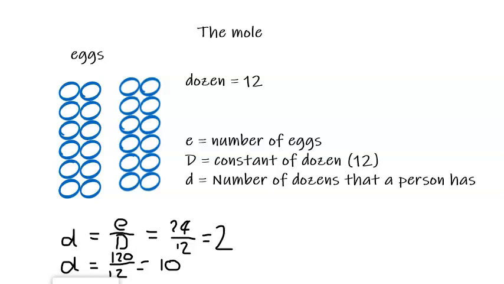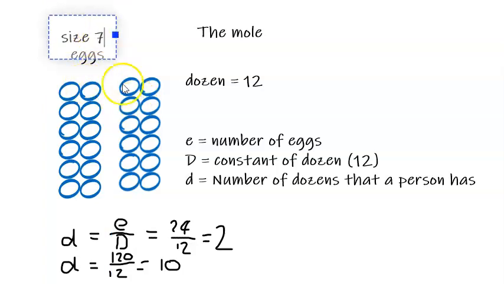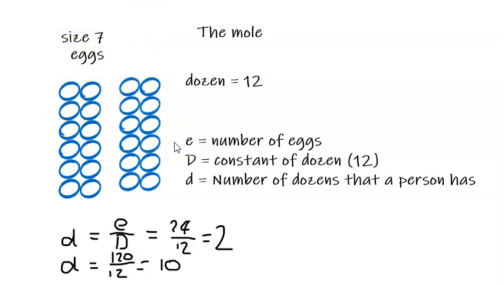Let's say that we've got so many eggs that we don't want to have to count every individual egg. But we know that a person has got size 7 eggs, for example. Because the size of the eggs are all the same, we could work out the mass of the eggs per dozen.